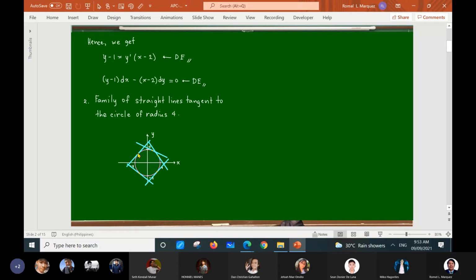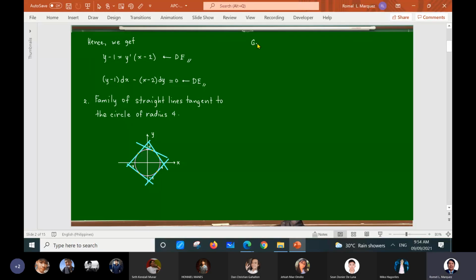So how are we going to convert that property, which is geometry, into algebraic form? What do we mean by tangent to the circle of radius 4? What does it mean algebraically, guys? So that we can work on the general solution.